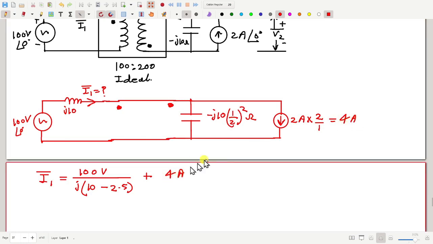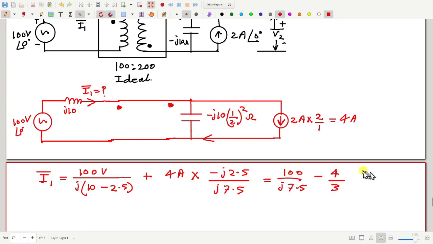So this 4 ampere comes here and then it has two paths. Apply current divider. So we will have minus J 2.5 divided by the sum of these two, which is J 7.5. Am I correct? And now you can simplify it. So this is 100 by J 7.5 plus 4 by 3 minus 4 by 3.